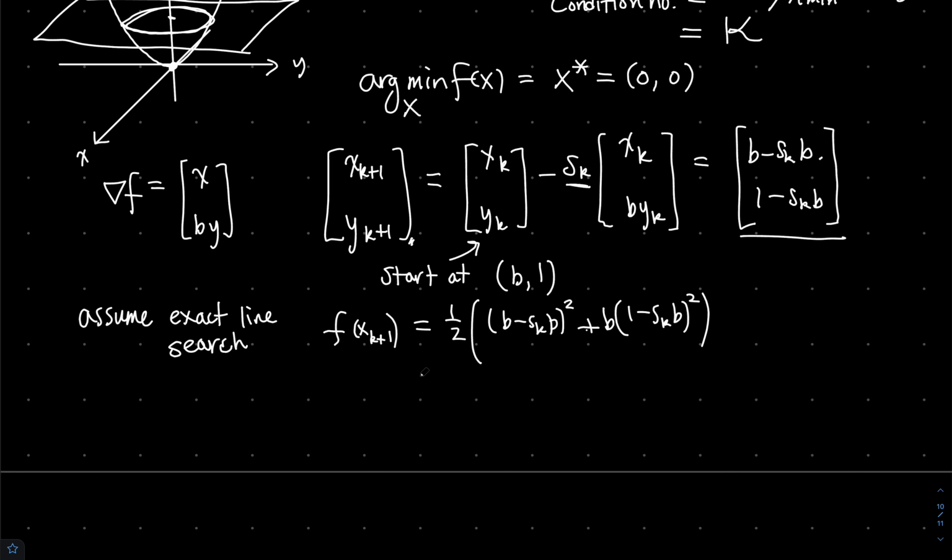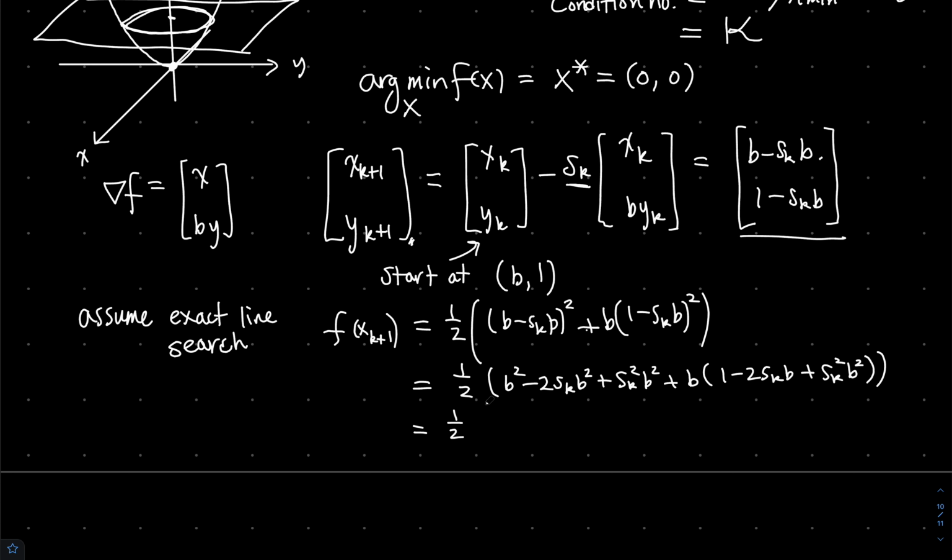We can rewrite this as b squared minus 2 sk b squared plus sk squared b squared, plus b times (1 minus 2 skb plus sk squared b squared), with 1/2 on each.